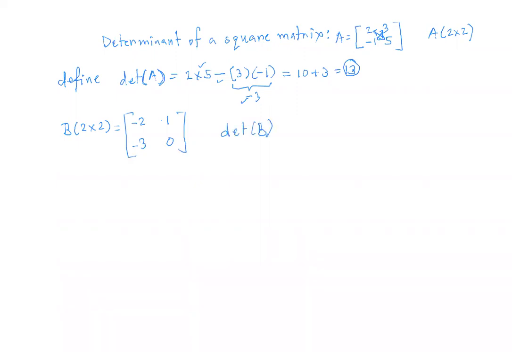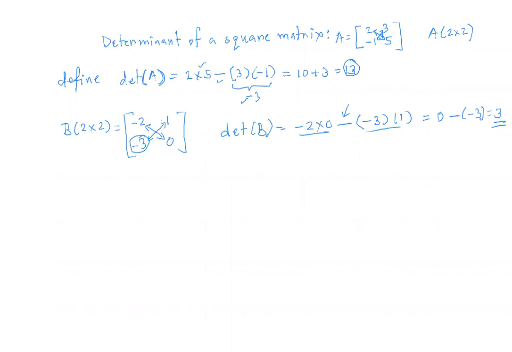Multiply the principal diagonal items, -2 times 0, minus, and remember to put parentheses after the minus because this number is negative, -3 times 1. So -2 times 0 is just 0, minus -3 times 1, which is -3, gives you just 3. So the determinant of a 2 by 2 matrix is defined this way.